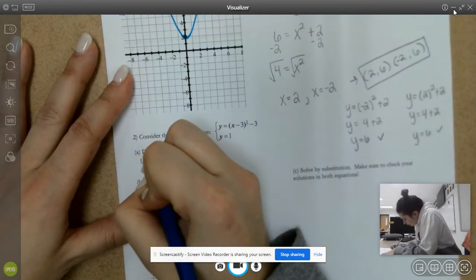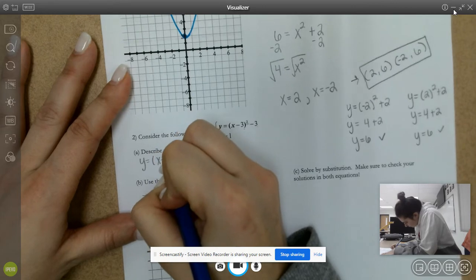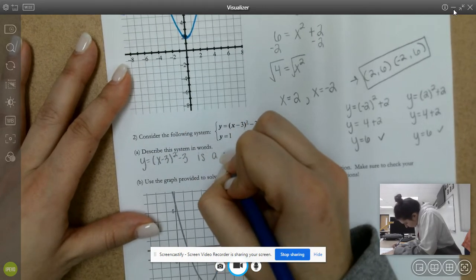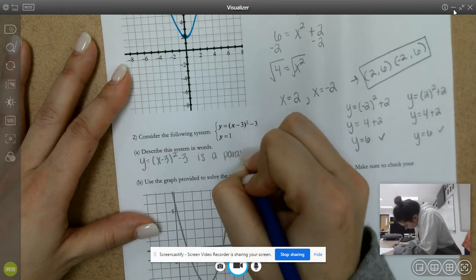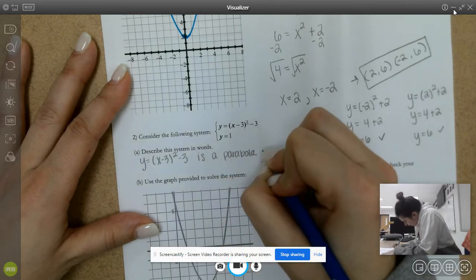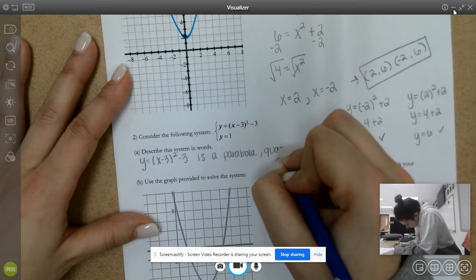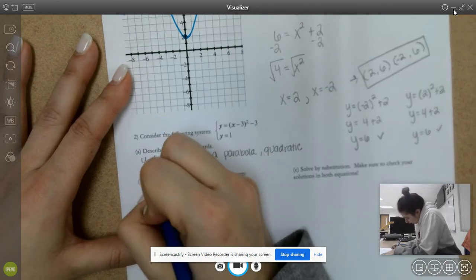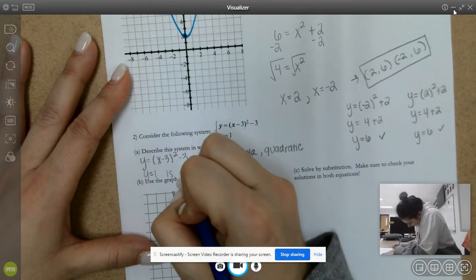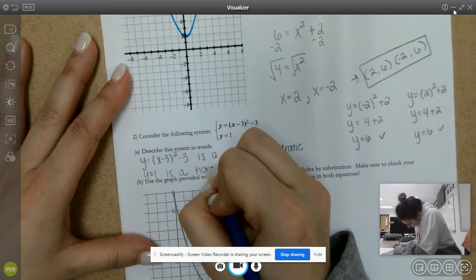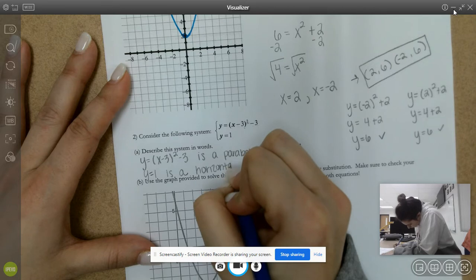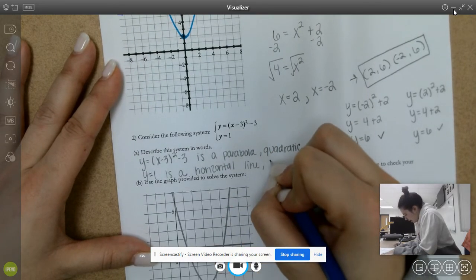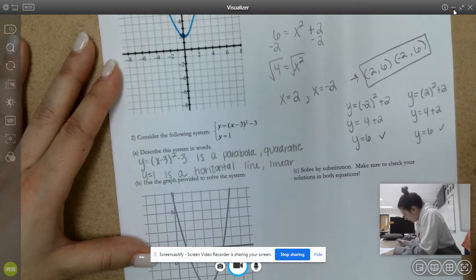So y equals the quantity x minus 3 squared minus 3 is a parabola, or quadratic. And y equals 1 is a horizontal line, and we should point out that it is linear.